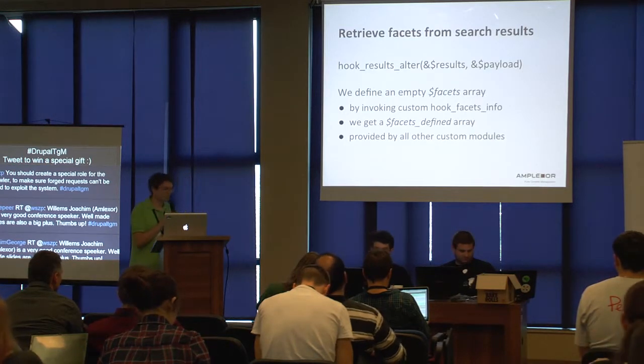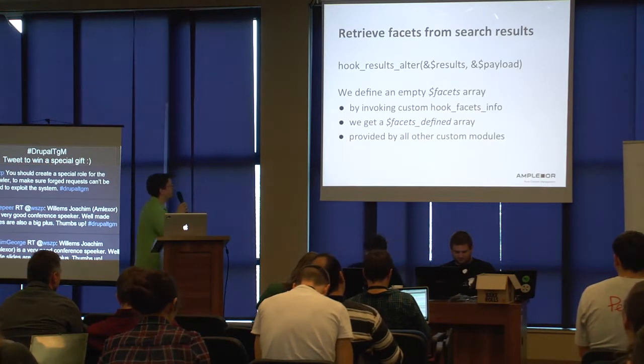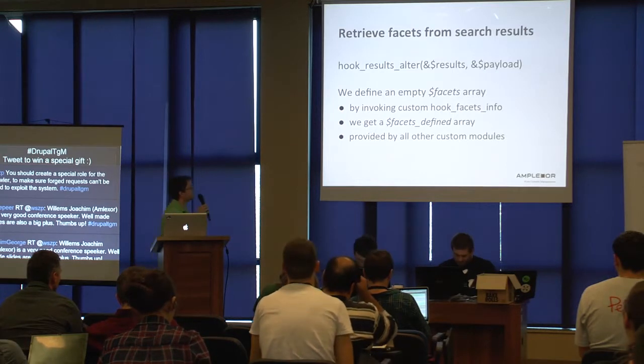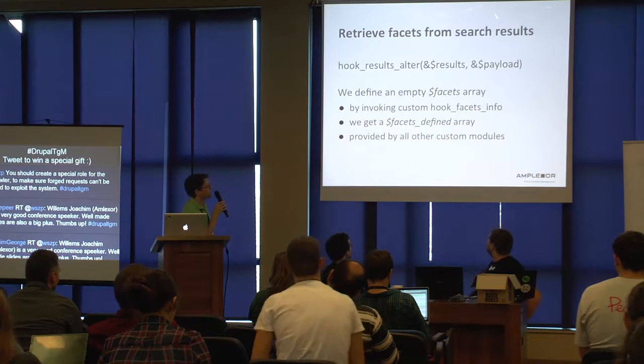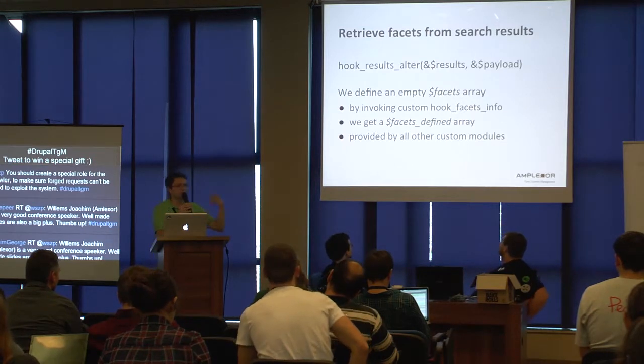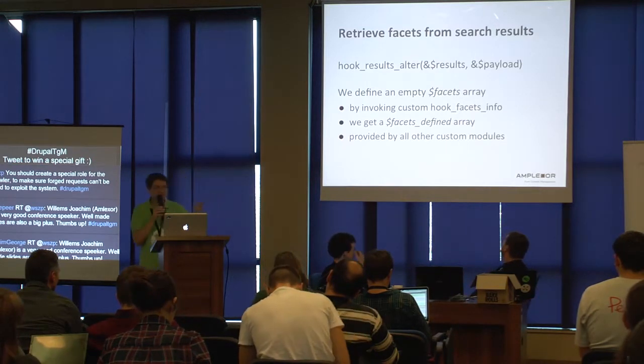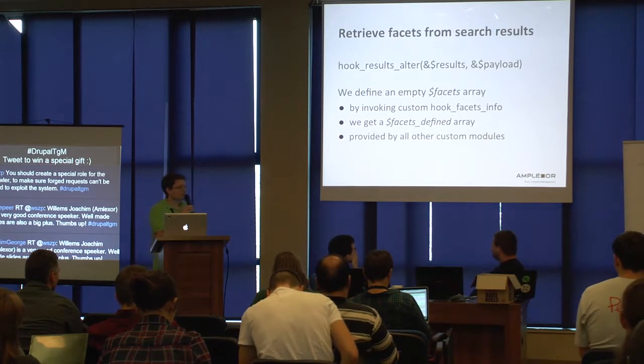Now, how do we do this? We define a facets array. We create our own hook facets info, and we retrieve all defined facets by this. Custom modules can implement this hook.